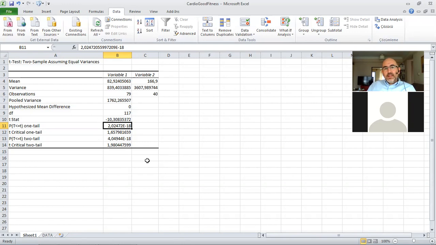So you see here, it doesn't give you the conclusion. You have to look at the p-values, the one-tail and the two-tail test, and there are different p-values, of course. You are given the critical values for one-tail and two-tail, and it's up to you to decide whether your hypothesis is rejected.